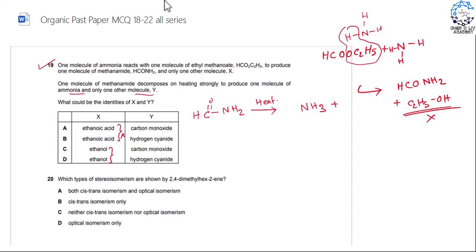The other product, initially, is going to form HCOOH and then it's going to break down into CO, carbon monoxide. So it's going to form NH3 and CO. So here are your products, ethanol and carbon monoxide. Okay, wonderful. Let's see the next question.